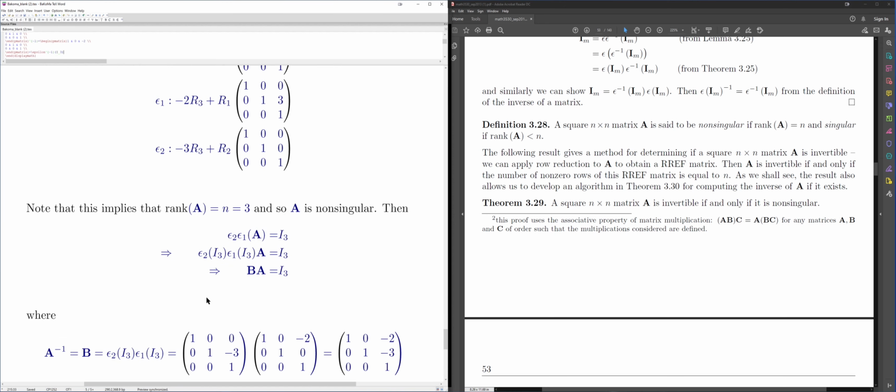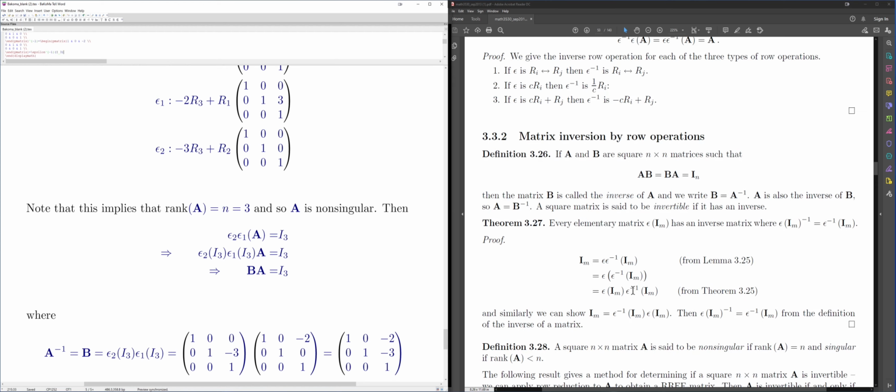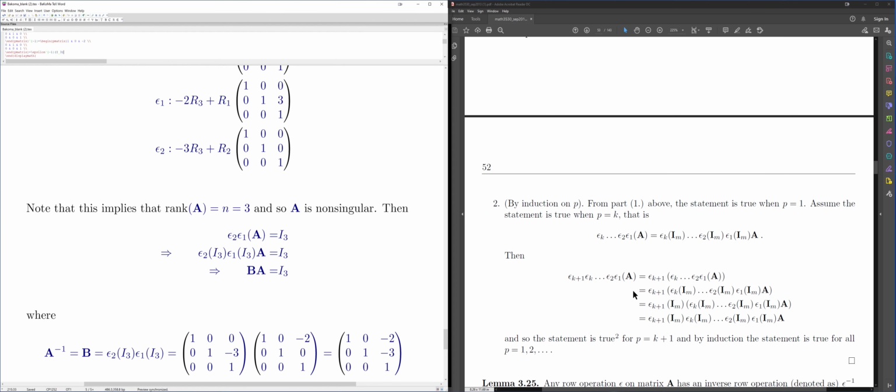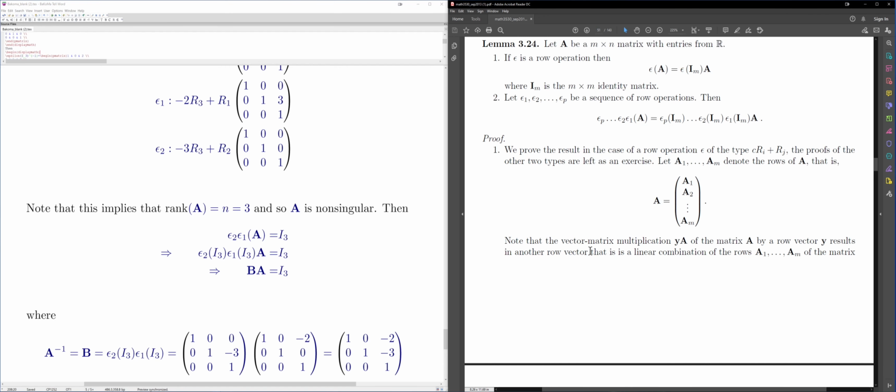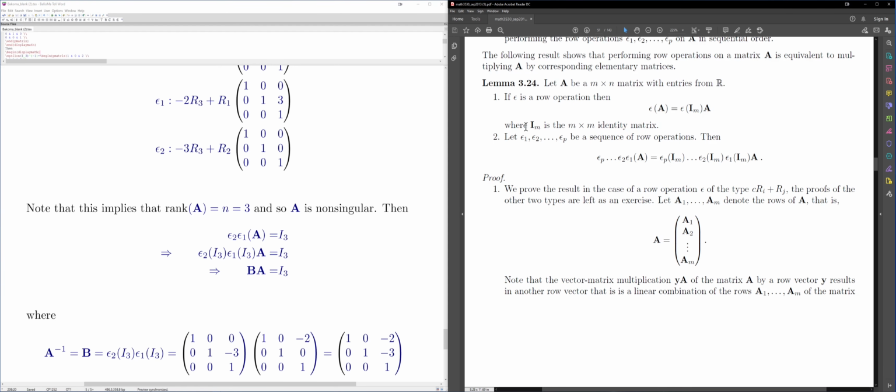Remember we saw this, Lemma 3.24, Part 2: if I have a sequence of row operations applied to a matrix A, I can achieve those row operations by multiplying by elementary matrices.